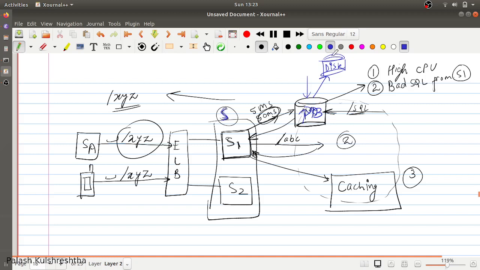So if there is degradation in performance of the disk that is attached, it can be a bad disk on the database. It can also be because of bad SQL queries, which we have already discussed. It can be because of locking in SQL. So that is again a case of bad SQL or bad queries running on the database. So these are the most probable scenarios for the database side.